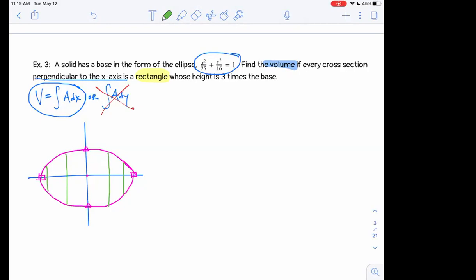Now, what does this line represent? Well, this line represents the base of a rectangle, okay? So if I think about a rectangle, I have the base, and is this rectangle gonna be taller than it is wide, or is it gonna be wider than it is tall?